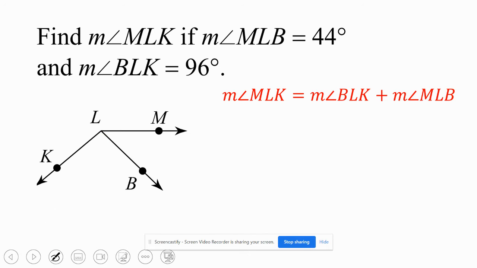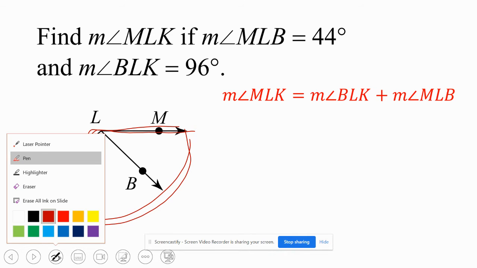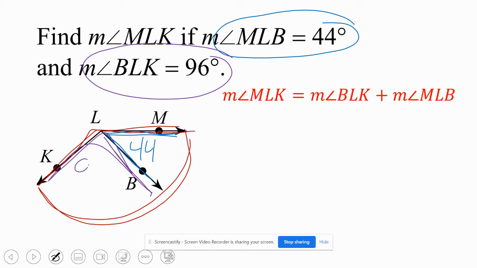So if you remember, angle MLK is this one right here. This is what we're trying to find, the whole thing. Angle MLB is 44. Right? BLK is 96.